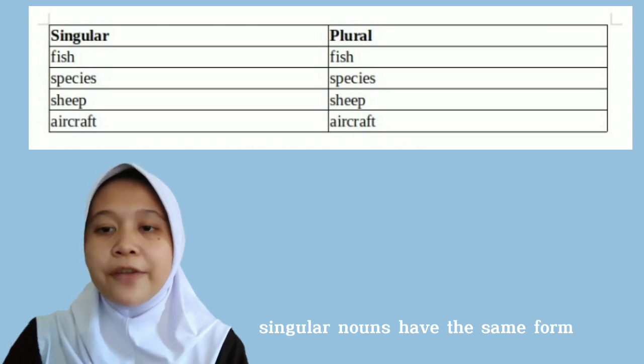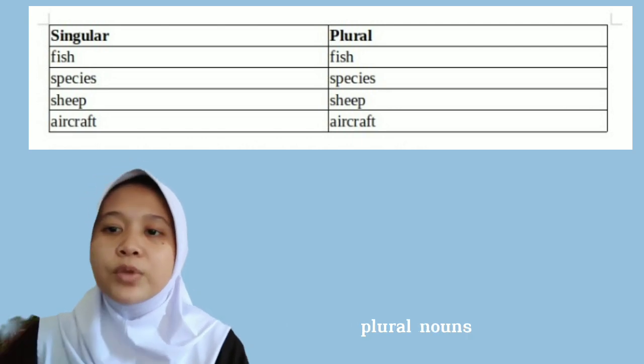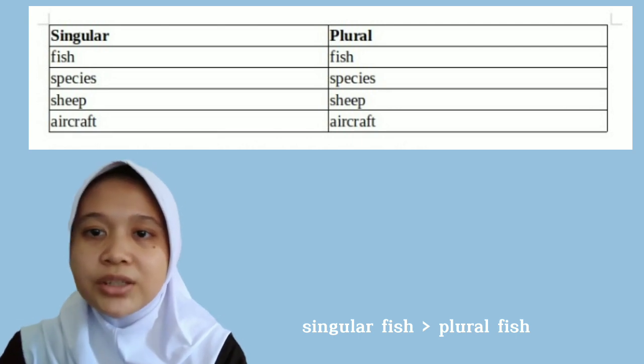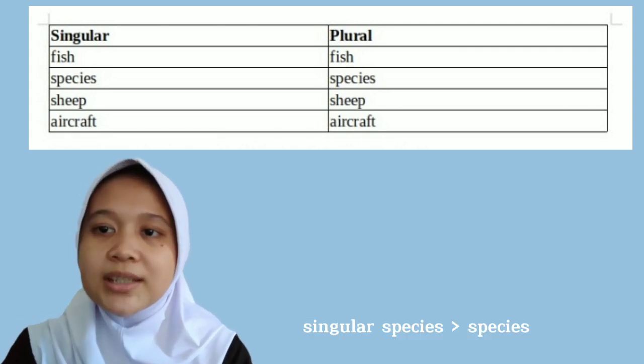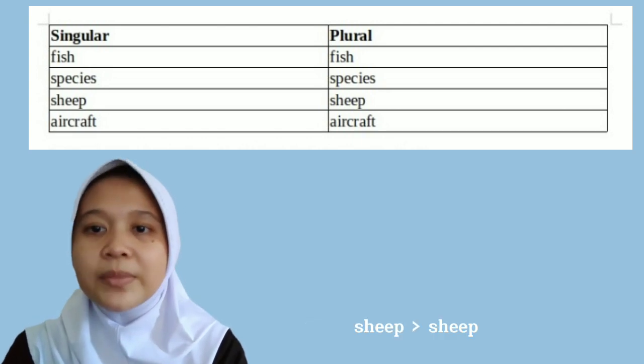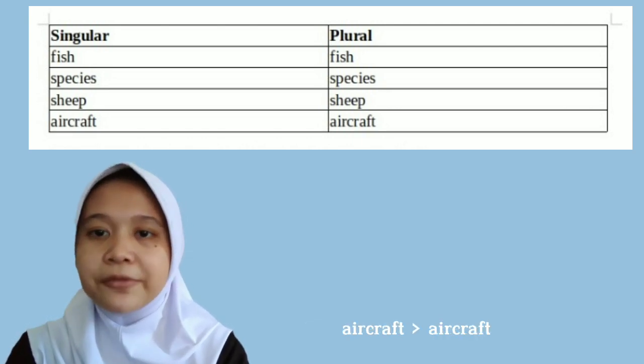Some singular nouns have the same form as the plural noun. Singular fish, plural fish; species, species; ship, ship; aircraft, aircraft.